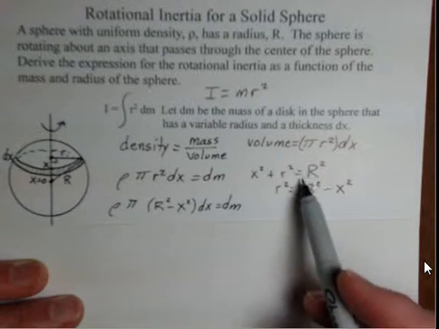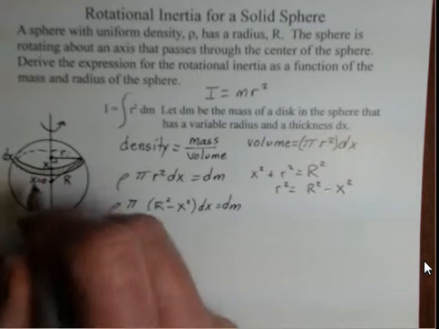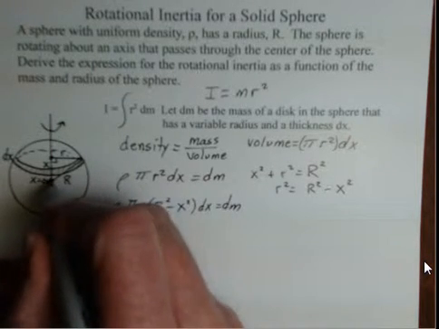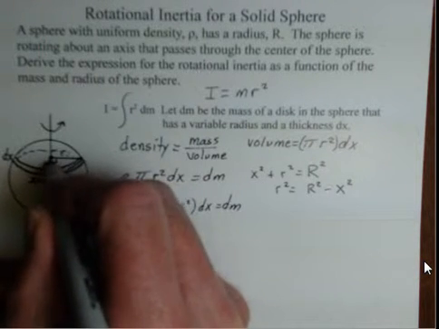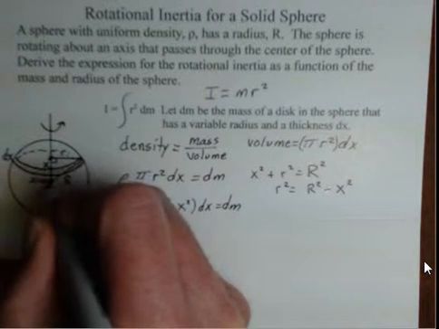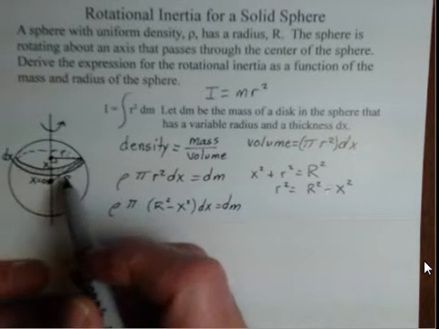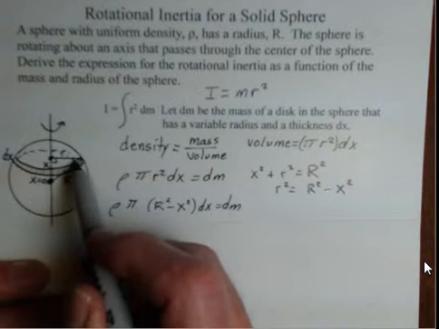We're going to need a substitution here. So think about a right triangle. If here's the center of the sphere, and up here is the center of the disk, we have a right angle. So this distance x is from the center of the sphere up to the center of the disk, and then r, the radius of the disk, comes out here.